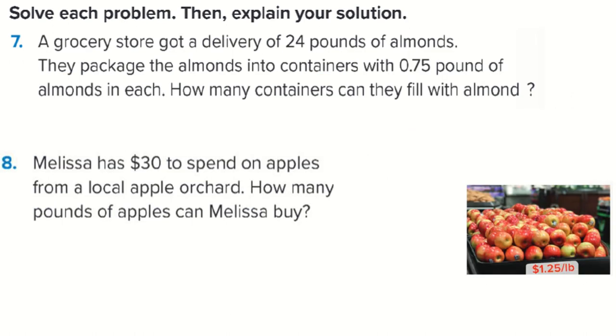Okay. Now next is, a grocery store got a delivery of 24 pounds of almonds. They package the almonds into containers with 0.75 pound of almonds in each. Again, you see each word here. So divide it. So 24 divided by 0.75. Now how many numbers do you have after the decimal point? 2 numbers. So put here 2 zeros and cancel it.